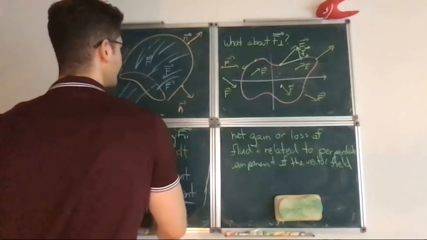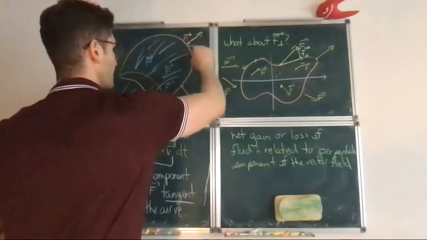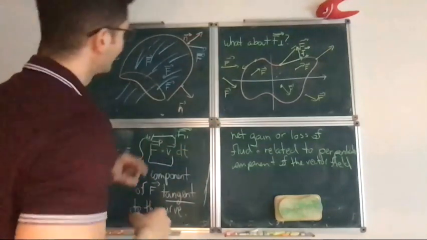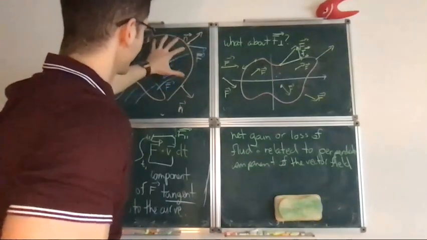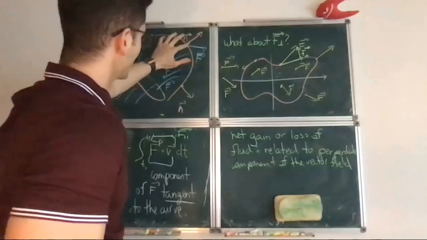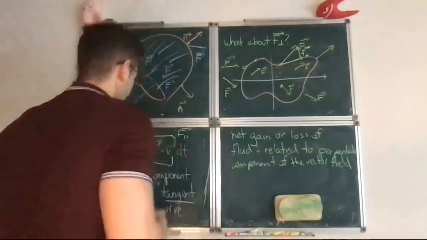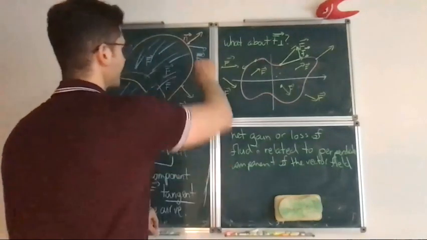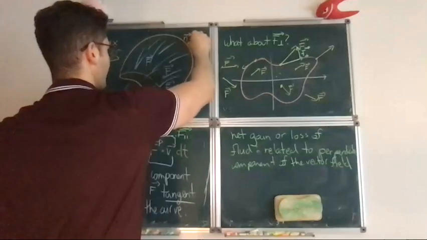The component of the velocity vector which is entirely responsible for making the fluid exit through this surface is the component which is aligned with the normal vector. This is like a projection of this vector along this vector, and so that has to do again with the dot product.